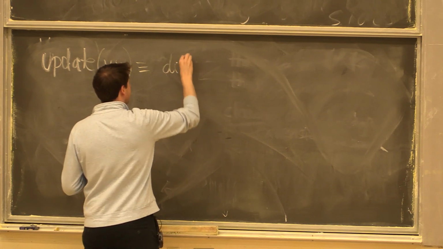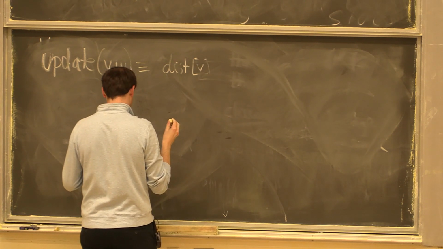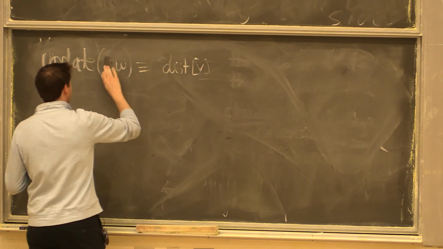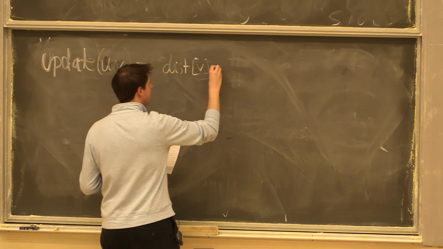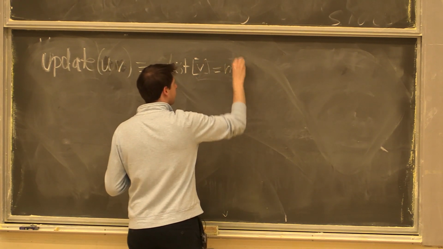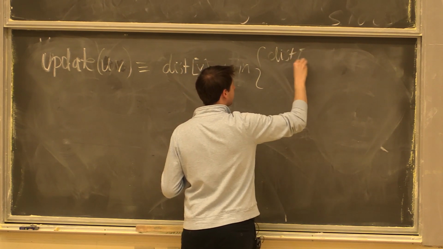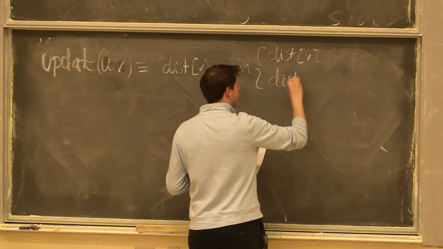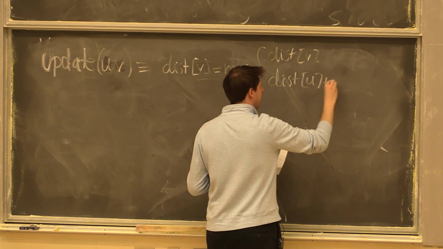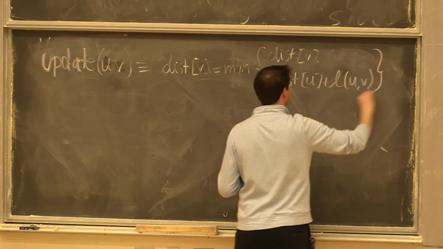You're going to set the distance of v to be the minimum between the distance of v or the distance of u plus the length of the edge from u to v.